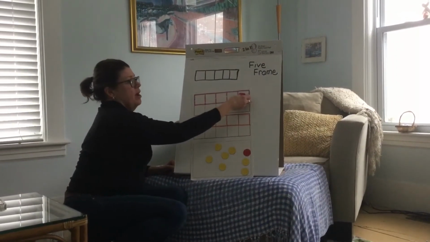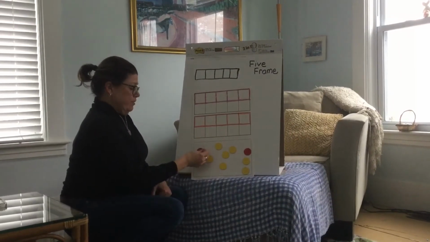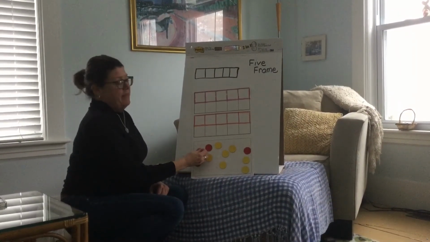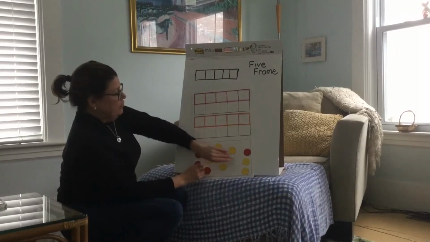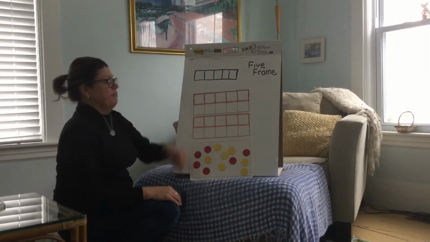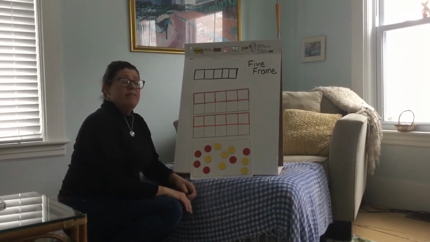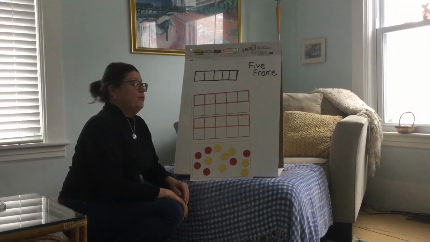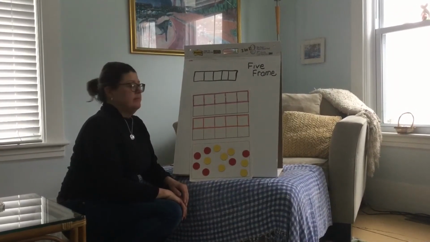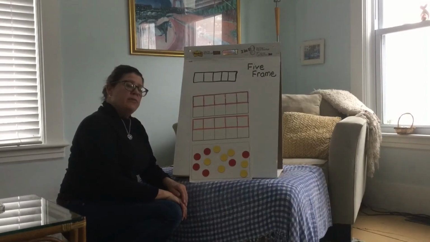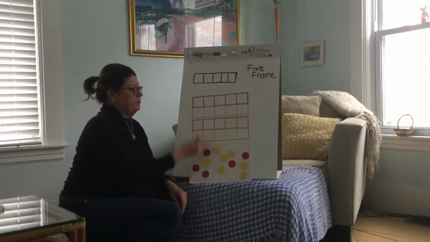Now we're going to work on 1 more, or more than. We're going to start with an empty 10 frame. When you have an empty 10 frame, you have 0. What's 1 more than 0?